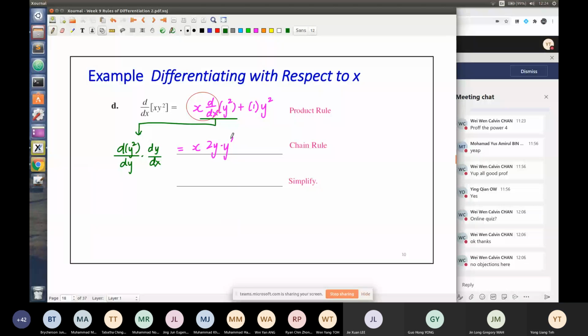You see that? All right. So hence, copying down the rest, we have y squared here. Of course, this is conveniently written as 2xy times y prime plus y squared. So this is effectively just using your implicit differentiation. Questions?